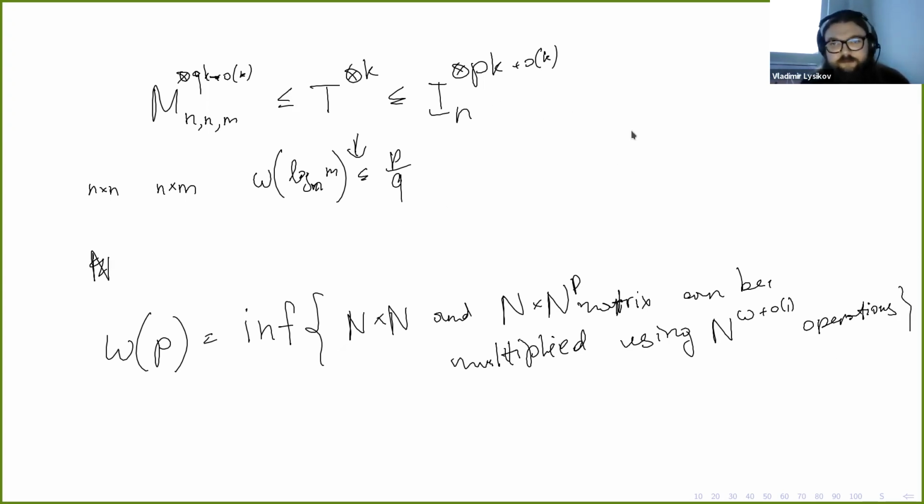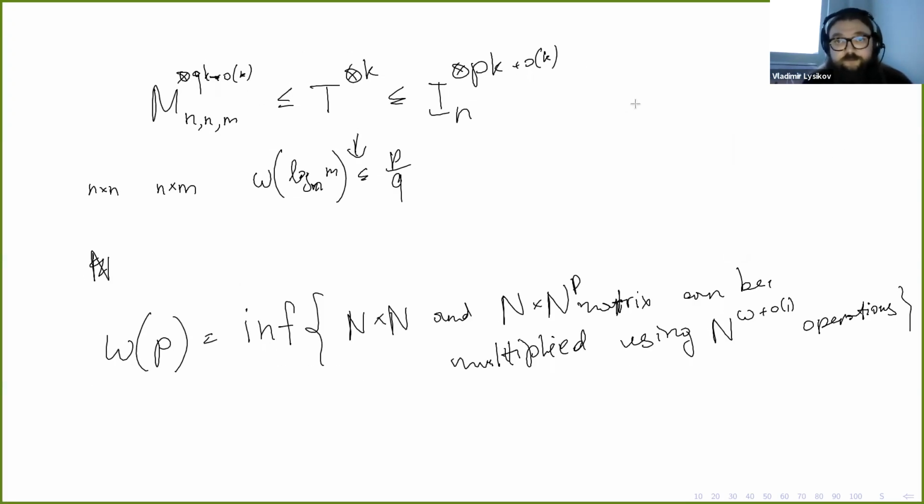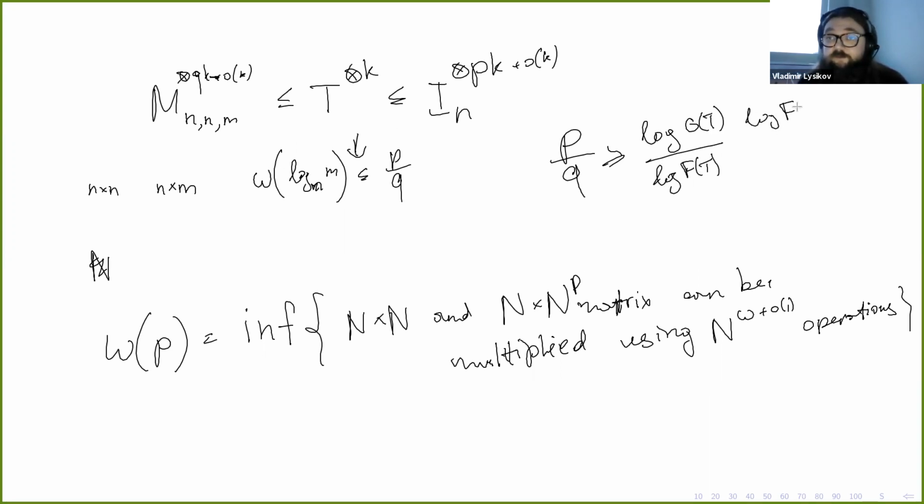And in the same way, we can prove that if we use some intermediate tensor, we cannot prove any bounds better than log g of t over log f of t, log f of matrix multiplication over log g of diagonal tensor.